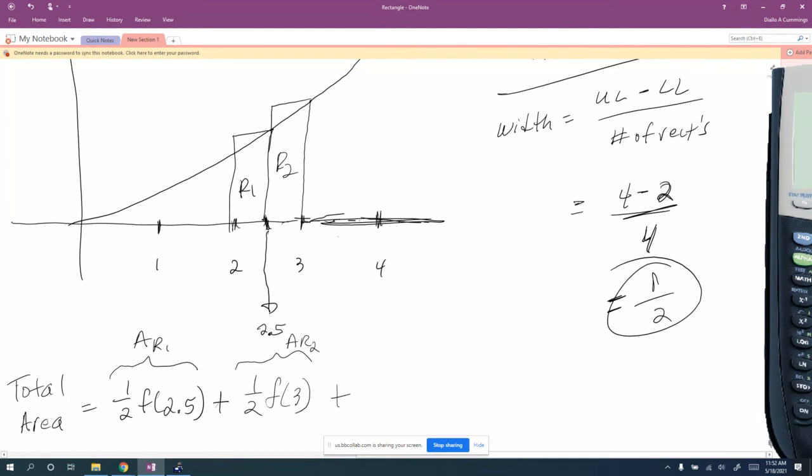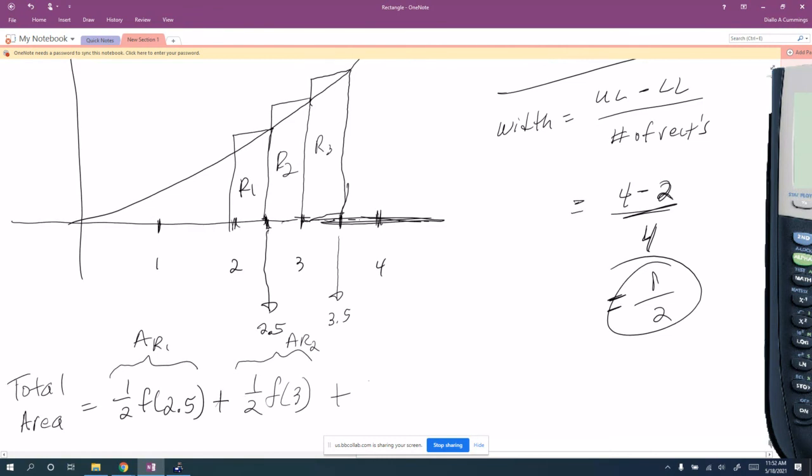Our third rectangle runs on the interval from 3 to 3.5. So 3.5 serves as the height. So we have 1/2 times f of 3.5. And that's the area of rectangle 3.